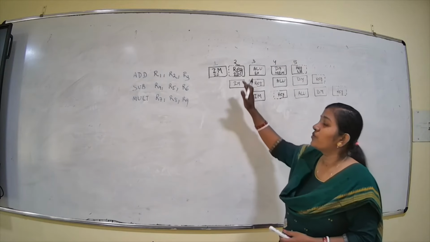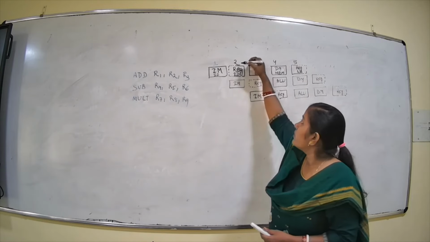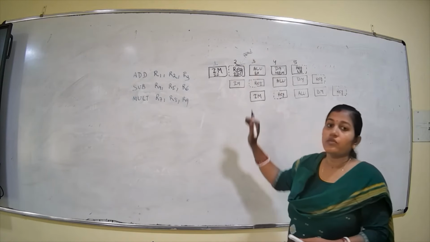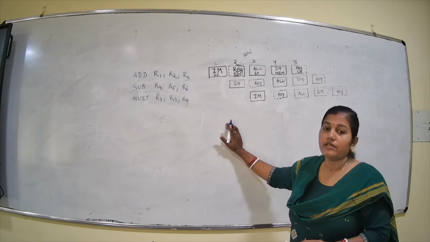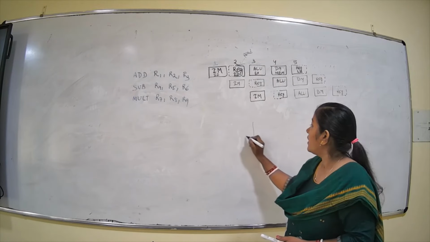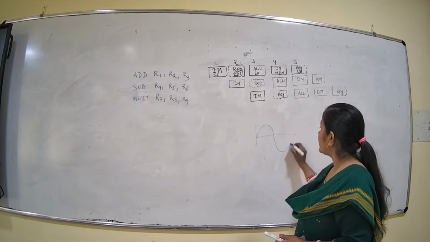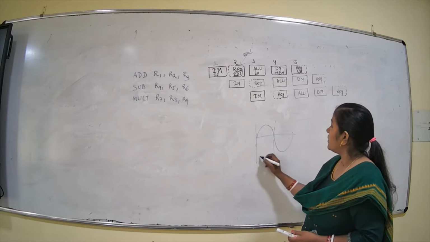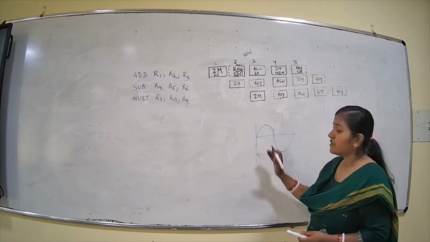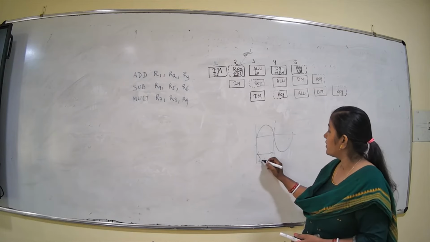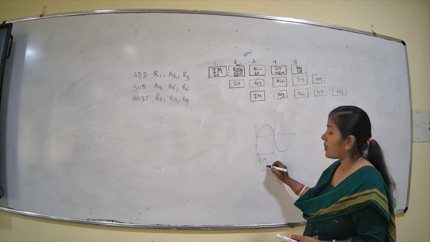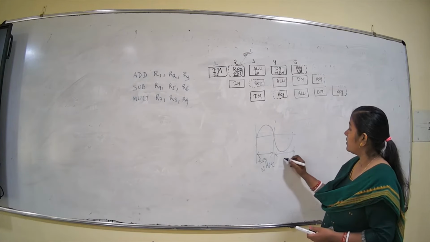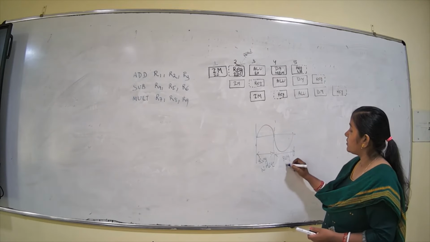Because to read the register, we can do it in half a cycle. If we draw the cycle, in the first half cycle you can do register write, and in the second half clock cycle you can do register read.